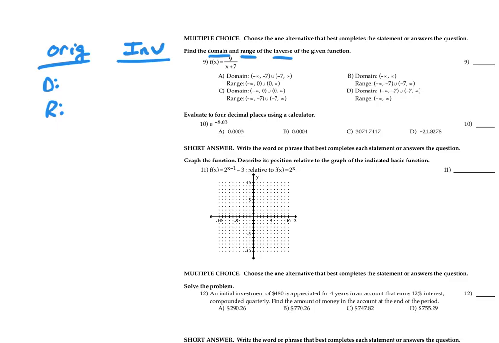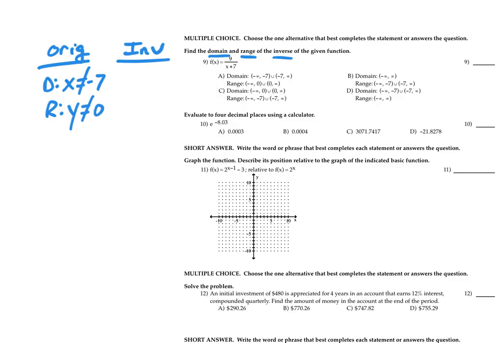If we graph that one, let's just go ahead and take a look at it. For the original function, we're going to say x cannot be negative 7, because that's where that vertical asymptote's at, because of the denominator, right? My horizontal asymptote, we said y cannot be 0. But it wants to know the domain and range of the inverse.